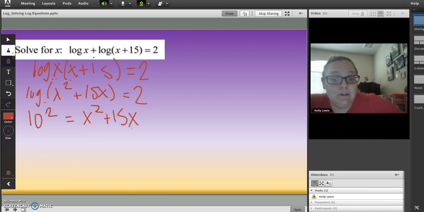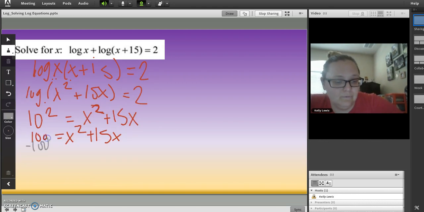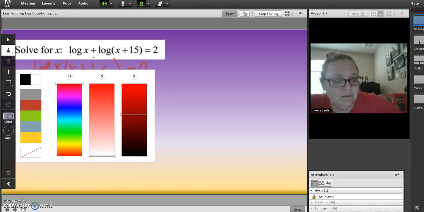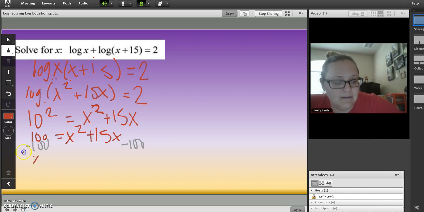All right, and now we have a quadratic. And I know it's a quadratic because that's squared right there. So what I'm going to do is set it equal to 0 and solve. 10 squared is 100, and so I need to move that over. I get 0 equals x squared plus 15x minus 100.